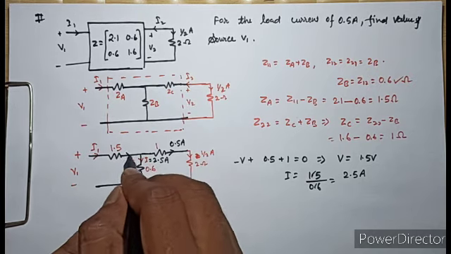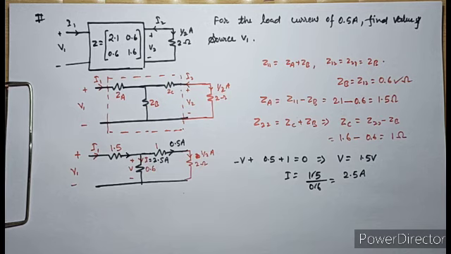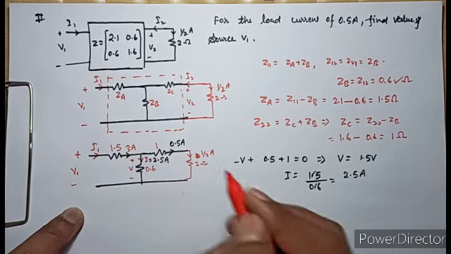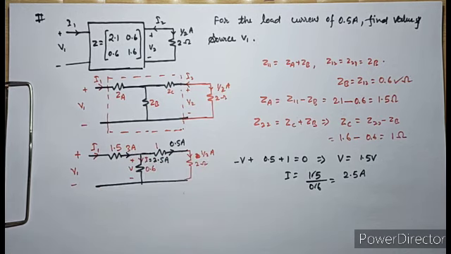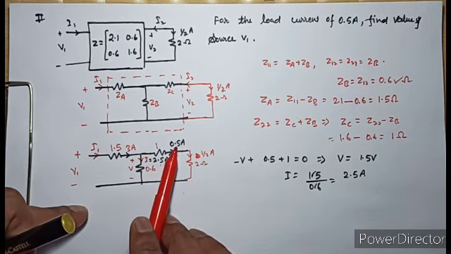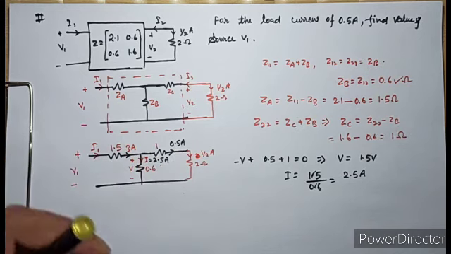Now see, this is 2.5 ampere, this is 0.5 ampere. This will be how much? This will be 3 ampere, isn't it? Because 2.5 plus 0.5 will become 3 ampere, right?